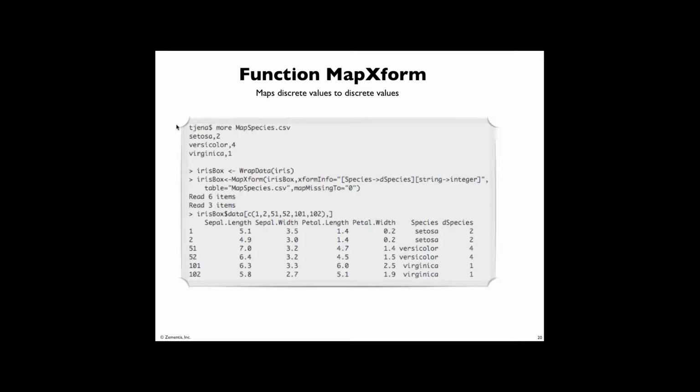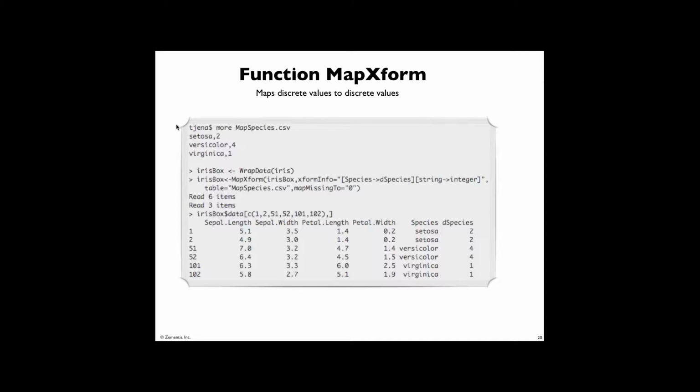So by the way, first, as usual, you use the wrap data function, make the transformation object. Then you call the map transform function, and as always, the first parameter is the transformation object, RSBox. The transformation information is next. I'll come to that. And the information on the mapping is in the external file, given as the third parameter, and as usual, a parameter to indicate how you want to handle missing values.